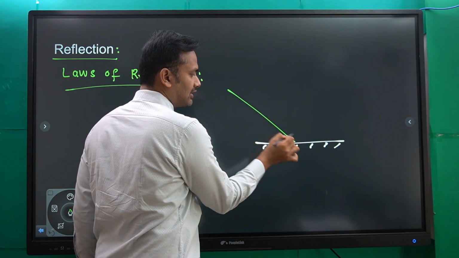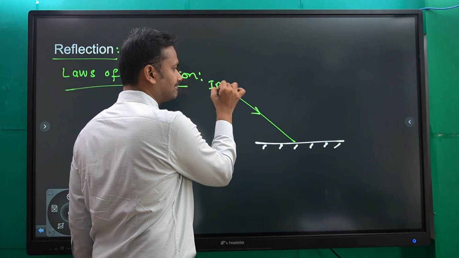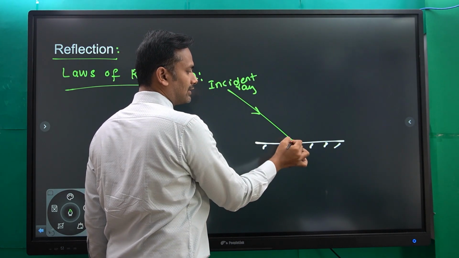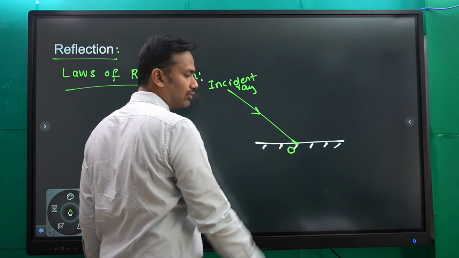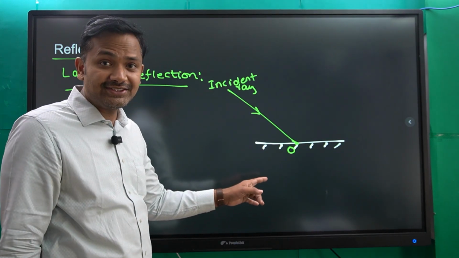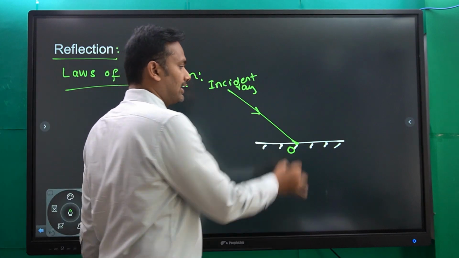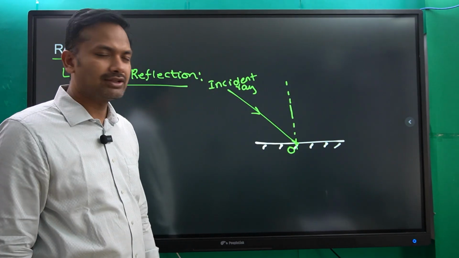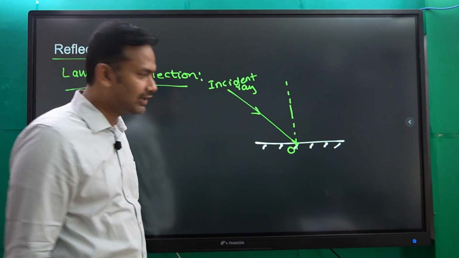On this there is an incident light ray, which is incident at the point O. At this point, let us take a normal, which is perpendicular to the surface.